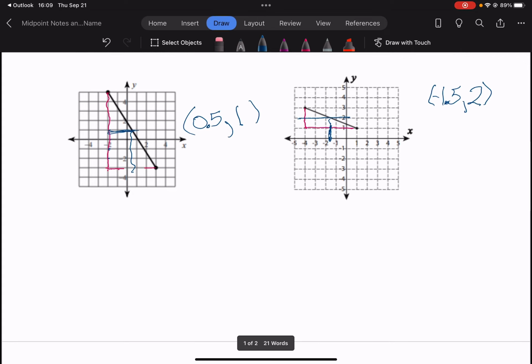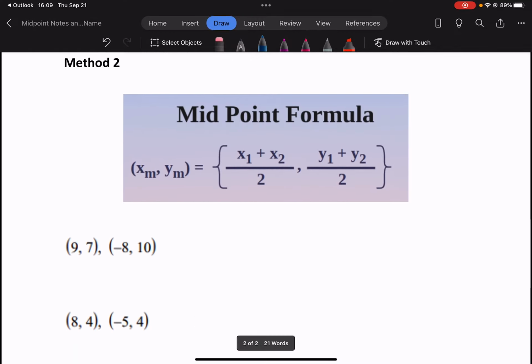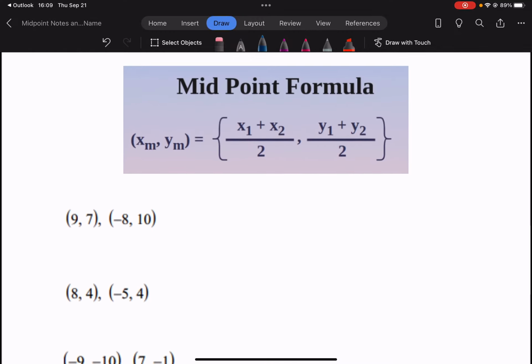Right. So that's one method. The second method is the midpoint formula. So if you don't have a graph, what do we do? Well, you have 2 points. So the first one is x1, y1. And then you have x2, y2. Right.